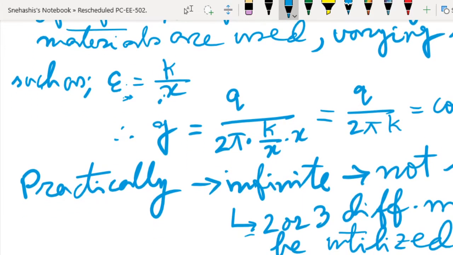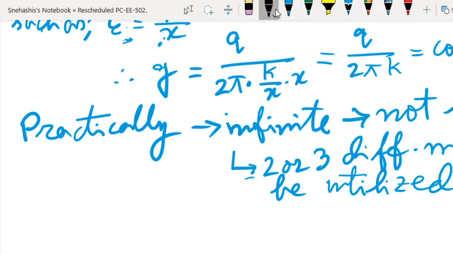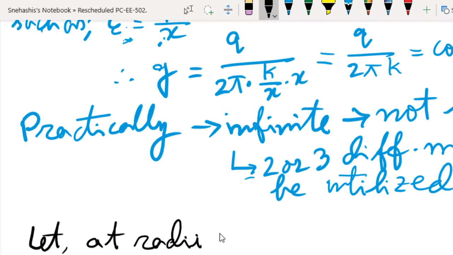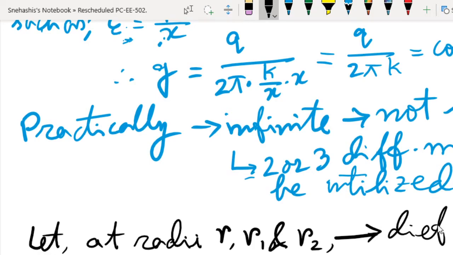Now let at radii r, r1 and r2, dielectrics of epsilon 1, epsilon 2 and epsilon 3 be placed.